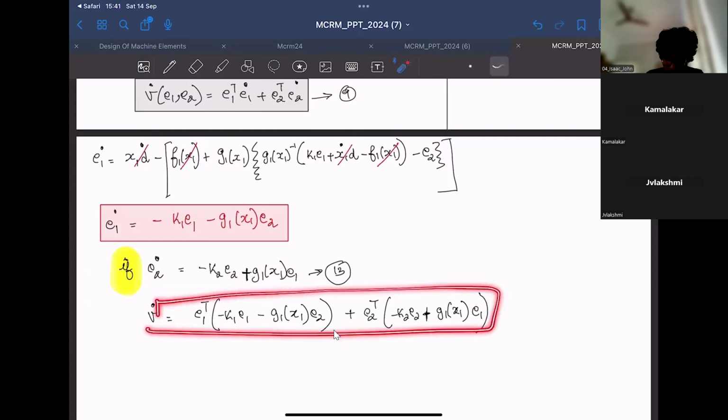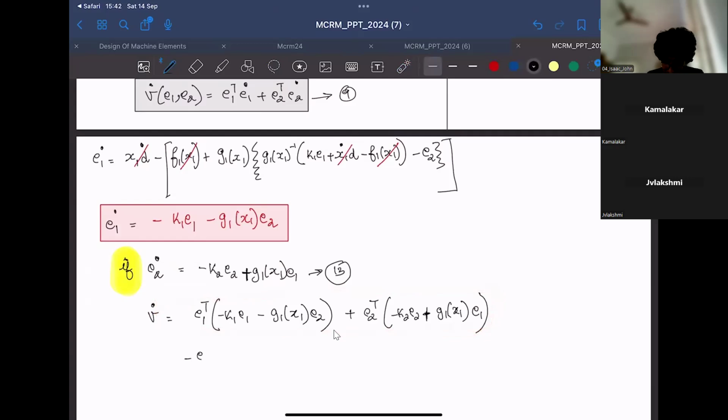You will have minus E1 transpose K1 E1, minus E1 transpose G1 of X1 E2, minus E2 transpose K2 E2, then plus E2 transpose G1 of X1 E1.